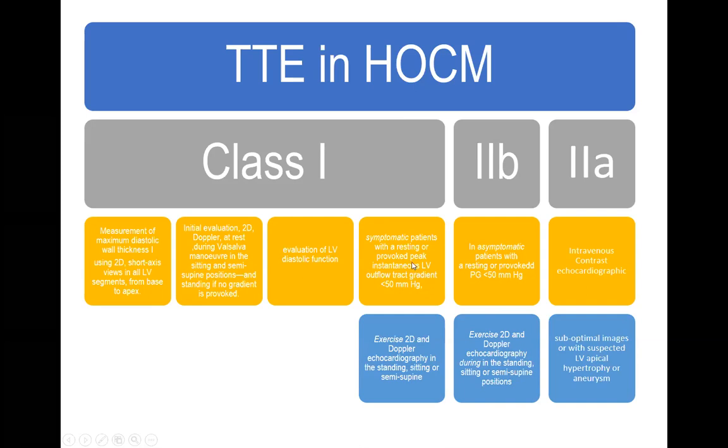Symptomatic patient with resting or provoked peak instantaneous LV outflow tract gradient less than 50, then you have to do exercise Doppler echocardiography. Class 2B, if the patient is asymptomatic with a provoked gradient less than 50, then you do an exercise. 2A, if the patient has intravenous contrast echocardiography.